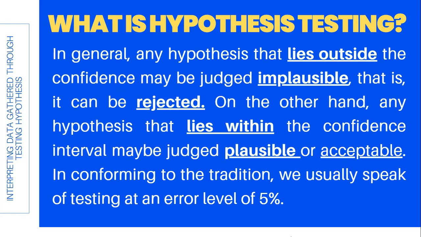In general, any hypothesis that lies outside the confidence interval may be judged implausible, that is, it can be rejected. On the other hand, any hypothesis that lies within the confidence interval may be judged plausible or acceptable. In conforming to the tradition, we usually speak of testing at an error level of 5%.